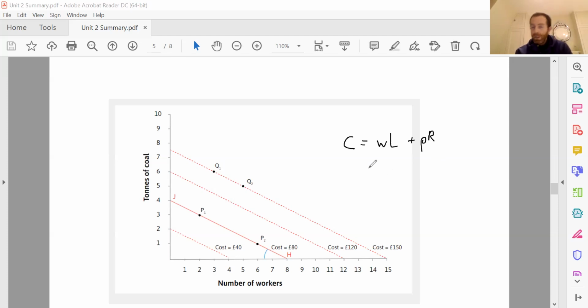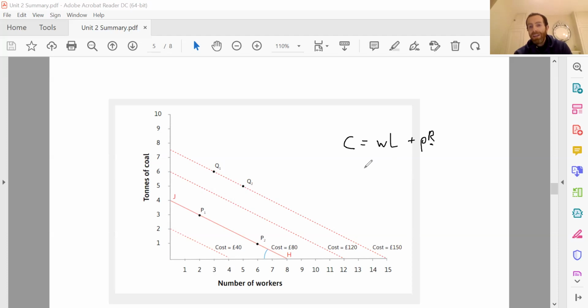Now, if I do a little bit of rearranging, I'll be able to show that this gives me an equation of a straight line on this graph. So what I'm going to do is rearrange this to make R the subject.